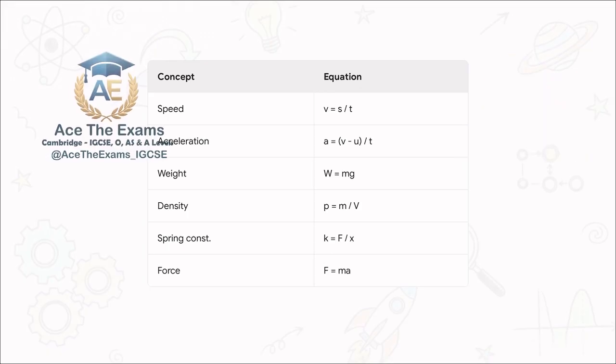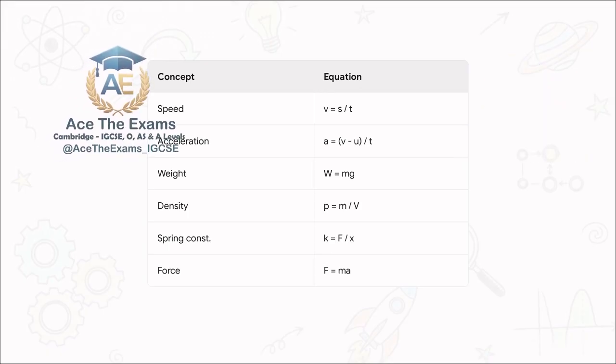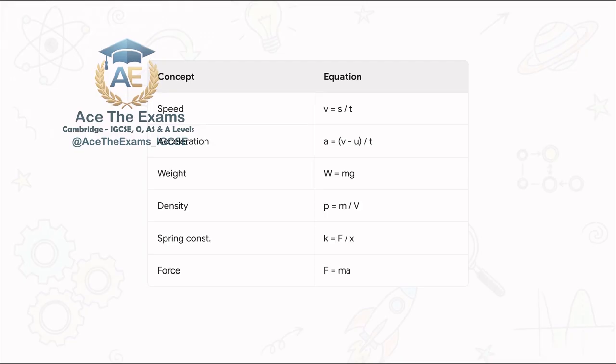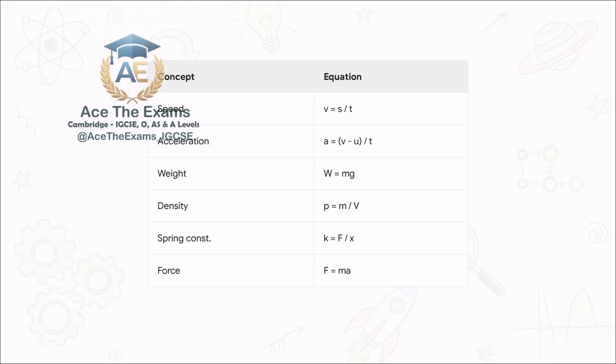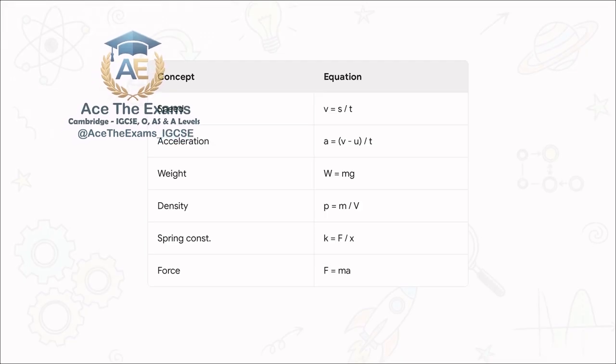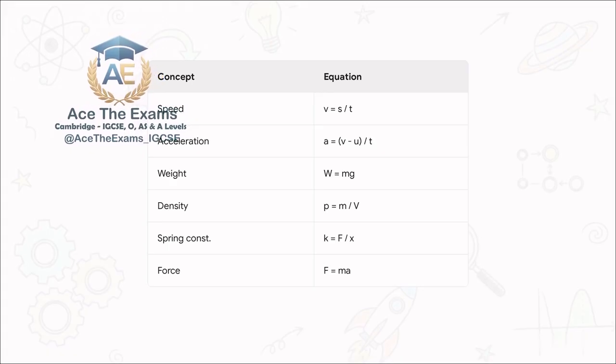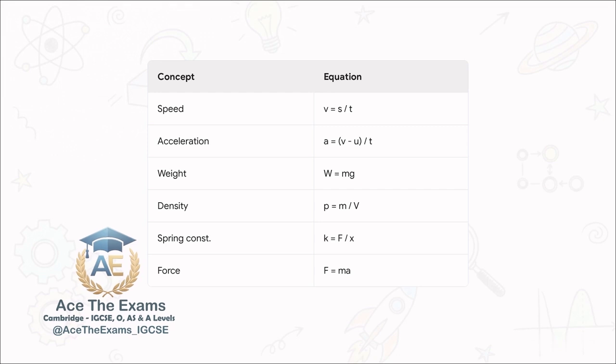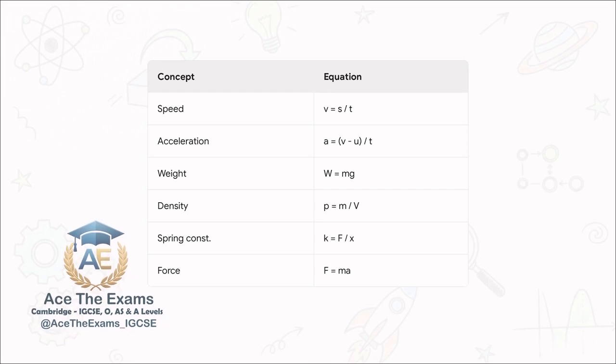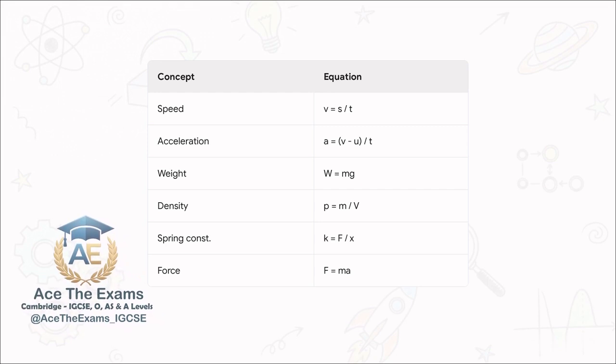Density, which is denoted by the Greek letter rho, by the way, is mass divided by volume. And when things push or pull, we get force equals mass times acceleration, the legendary F equals ma. We've even got the spring constant, k, which is force per unit extension. Think of this as your core toolkit for things that move, stretch, and weigh us down.